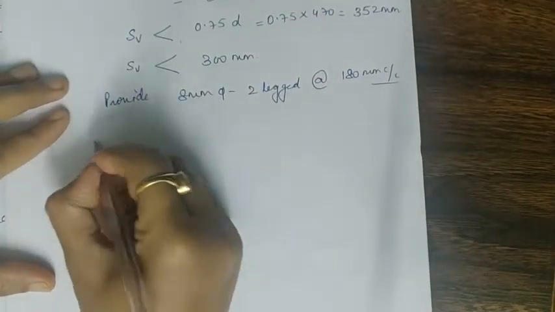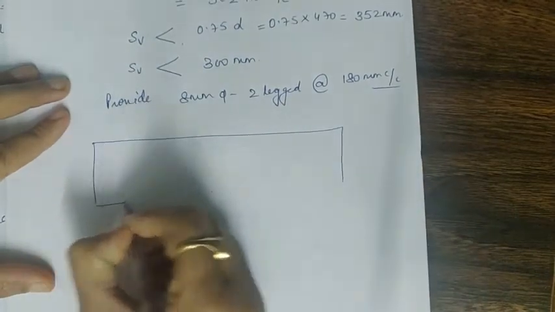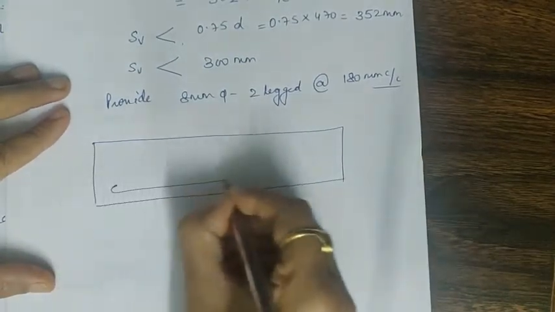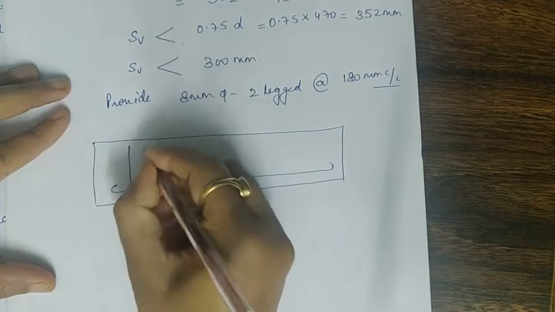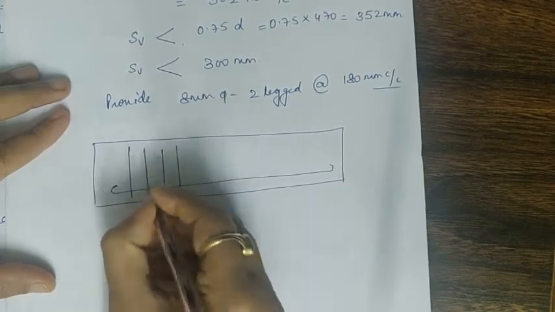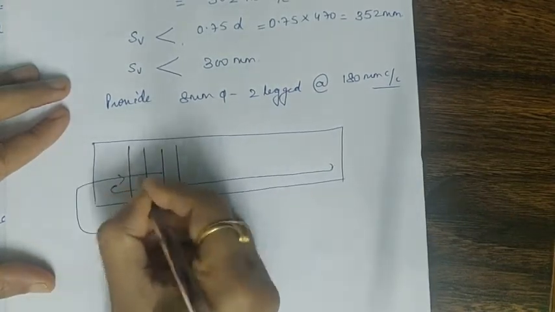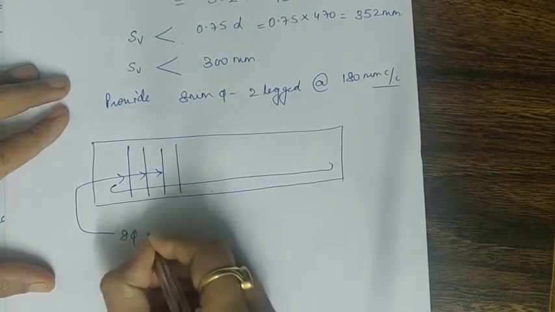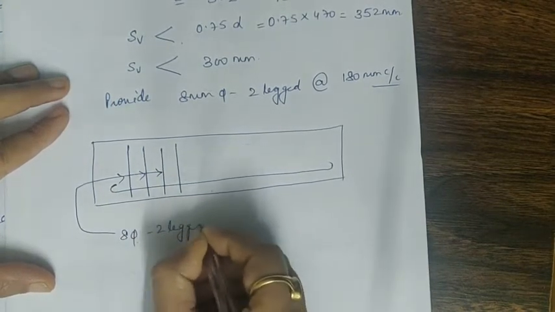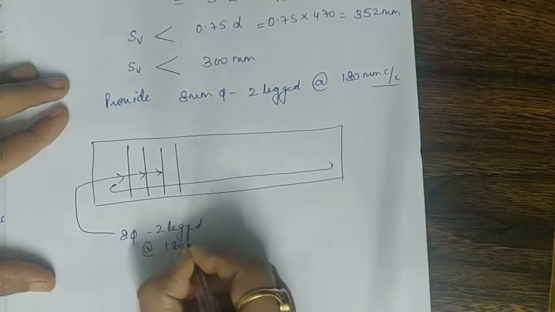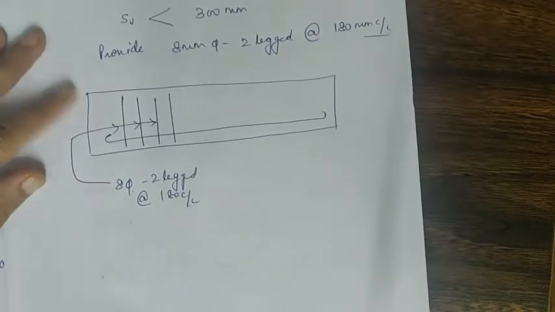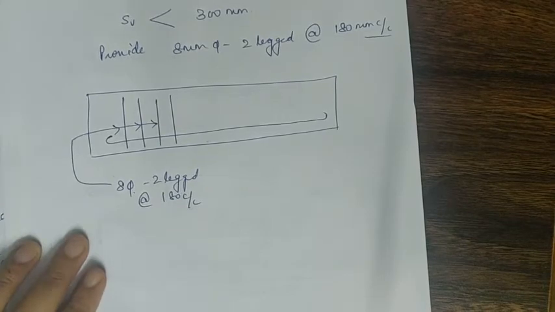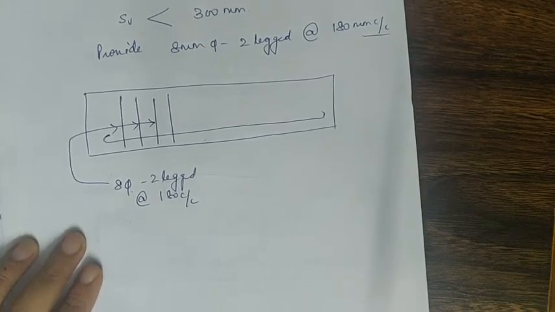How do we show it in the detailing? We show the reinforcement like this and we write it down as 8 dia, two-legged at the rate of 180 center to center. So this is how we will show the detailing of this reinforcement.